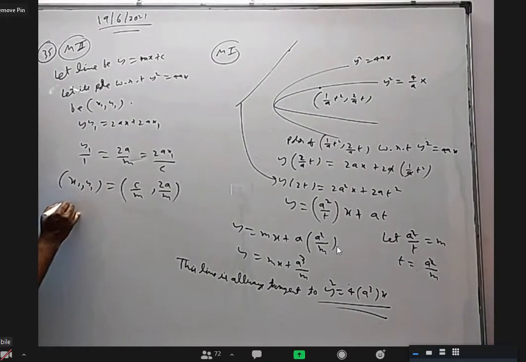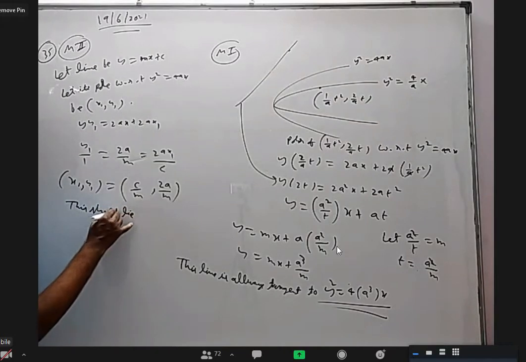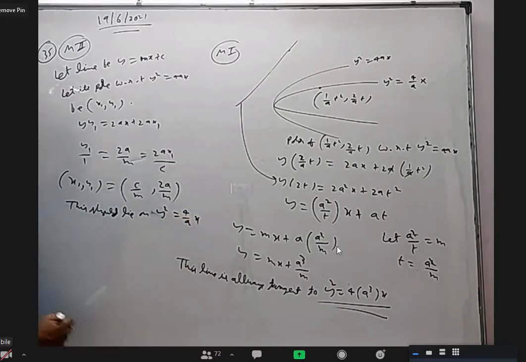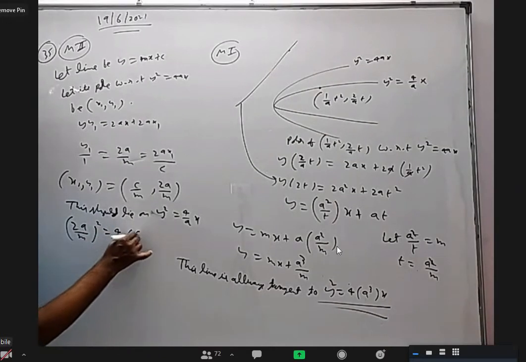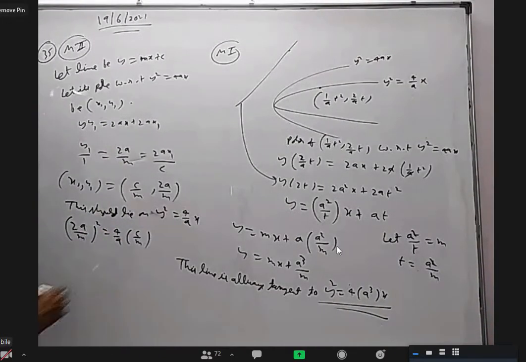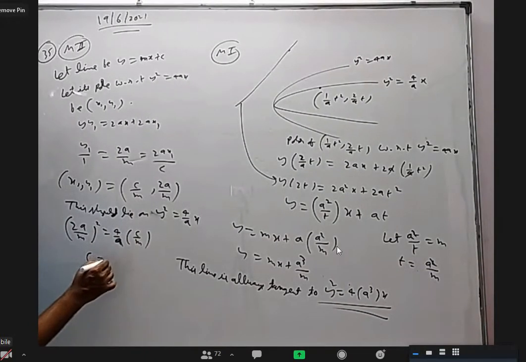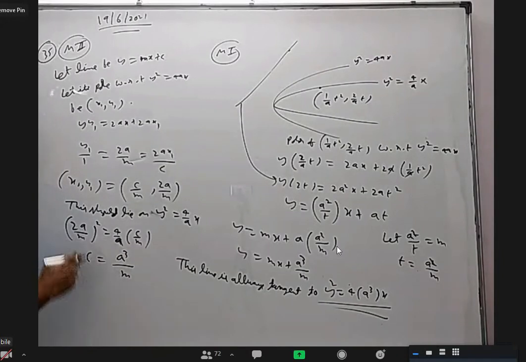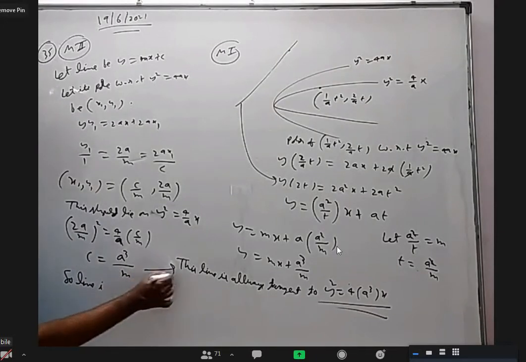So this should lie on y square equal to 4 by ax. 2a by m whole square equal to 4 by a into c by m. So I am getting c equal to a cube by m, one m got cancelled. So it looks like c equal to a by m. So the line is the same line. This is always the given line.